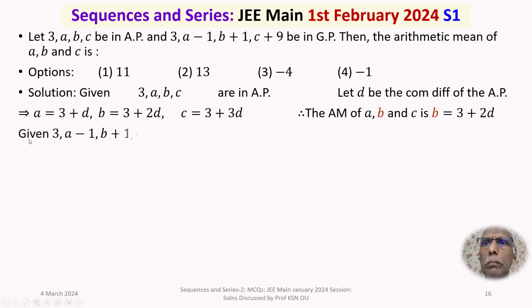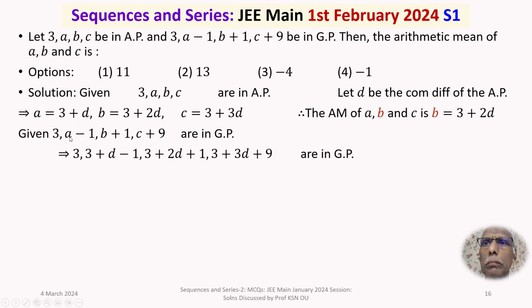Now given 3, 3A minus 1, B plus 1, C plus 9 are in GP. For A, you write 3 plus D minus 1. B plus 1: B is 3 plus 2D plus 1.